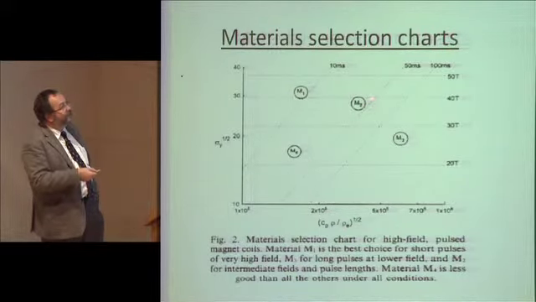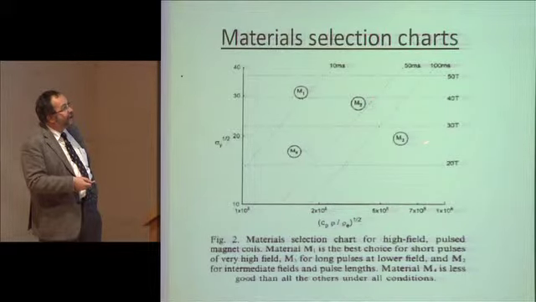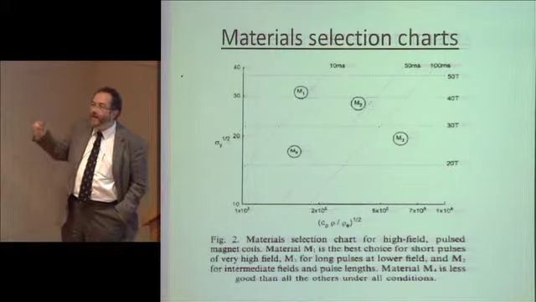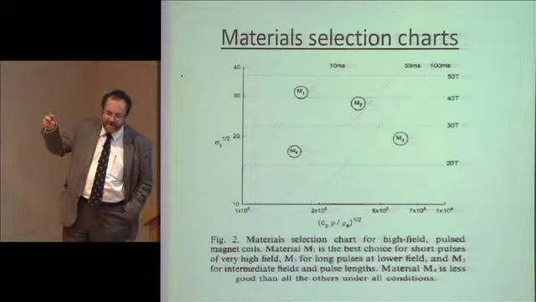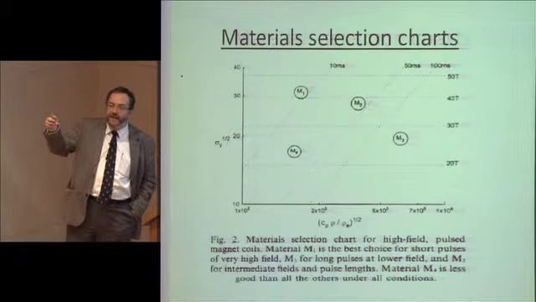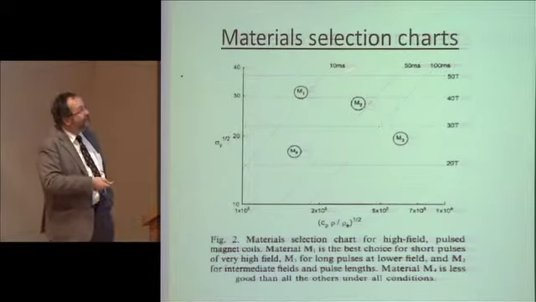So if you look at various types of materials, various types of applications, either you have a very short or very high field, either you're going to be restricted by mechanical resistance aspects if you have a very strong field, or heating if you have a very long pulse.